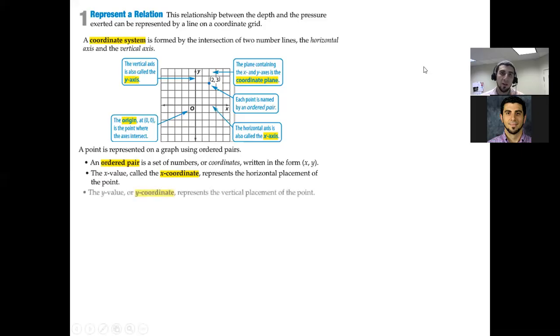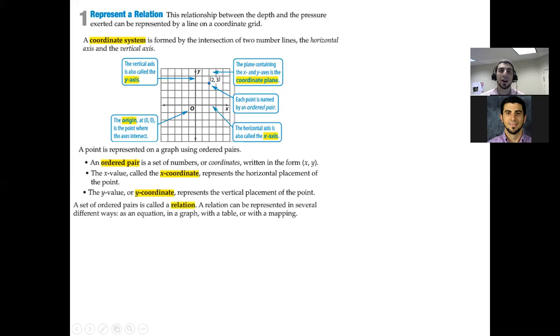The y value is called the y coordinate, and that represents the vertical placement of the point. And just so you know, positive and negative numbers make a difference. If you have a positive number, that means you're moving right or up, depending on whether it's an x or y coordinate. And if it's a negative number, you're going to move to the left or down, depending on if it's an x or y coordinate. So a set of ordered pairs is called a relation.